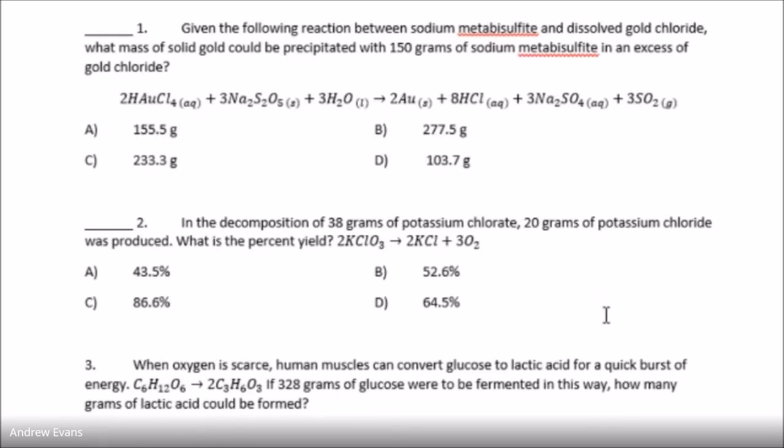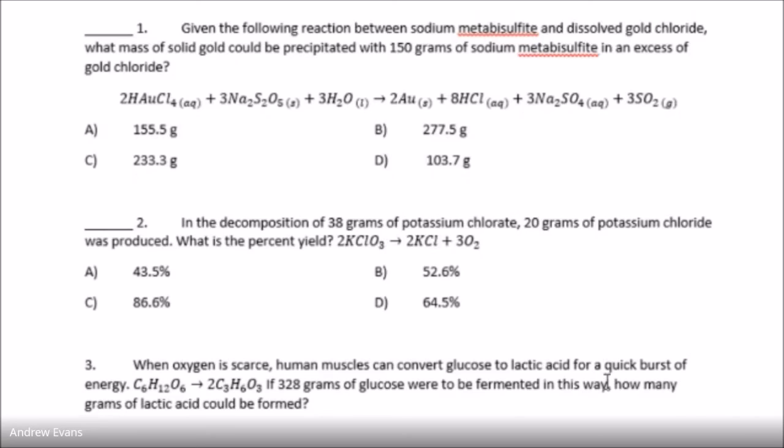And we need to turn that into moles, then into moles of gold, and into grams of gold. So there's 3 moles of Na2S2O5 per 2. Okay. So I'm going to go to the document cam.